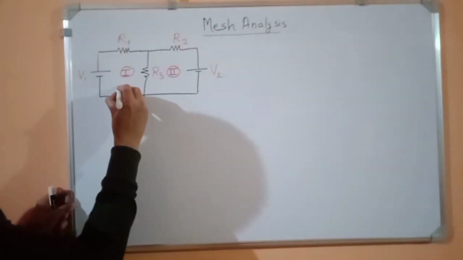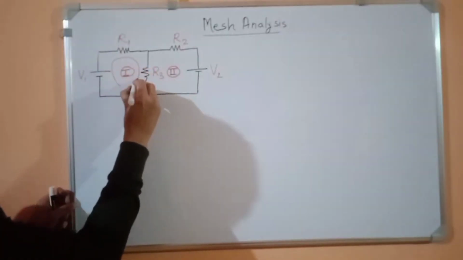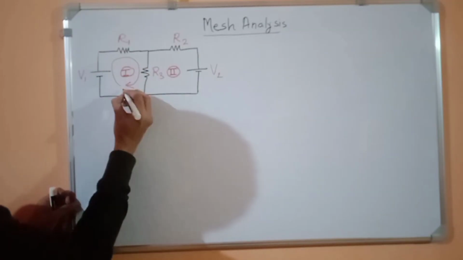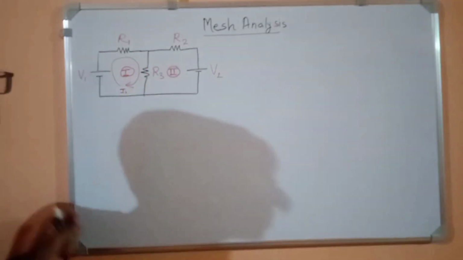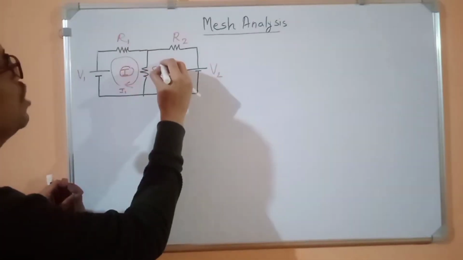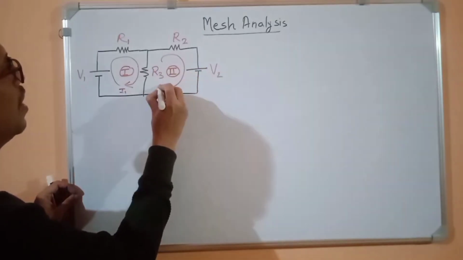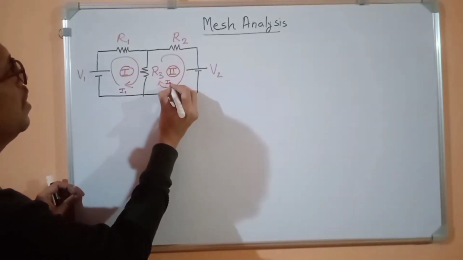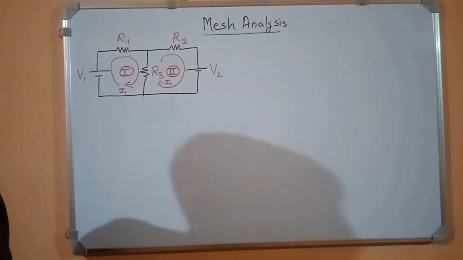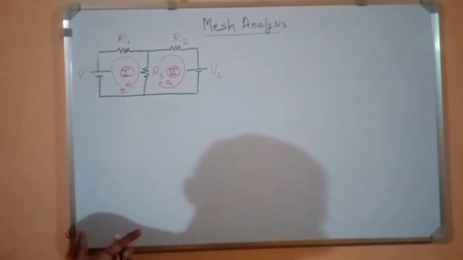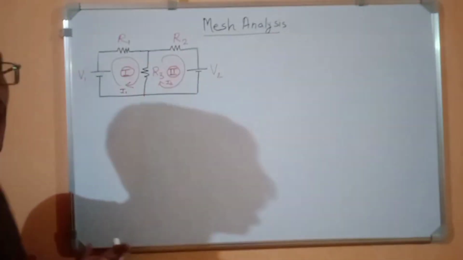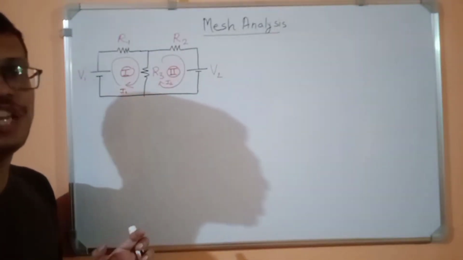So here I am having the first current I1 in a clockwise direction, and in mesh 2 also I am having another current I2 in a clockwise direction. In mesh analysis, one by one we have to apply KVL to each mesh.